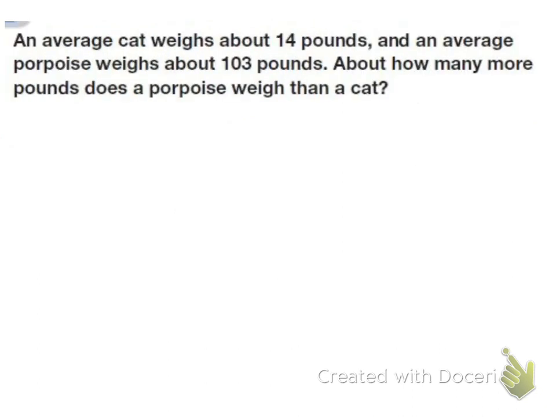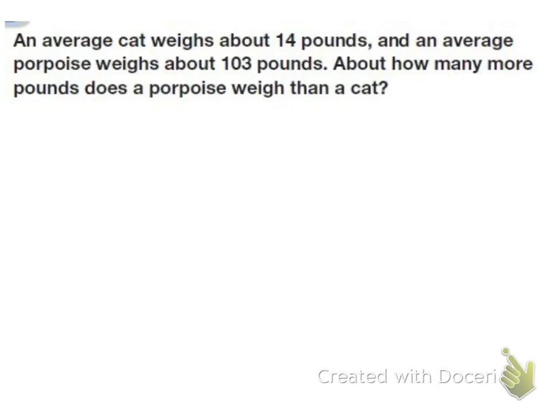So an average cat weighs about 14 pounds, and an average porpoise, or dolphin, weighs about 103 pounds. About how many more pounds does a porpoise weigh than a cat? So I'm going to use compatible numbers in this case. I'm going to look to see if there are nearby numbers that fit together well.